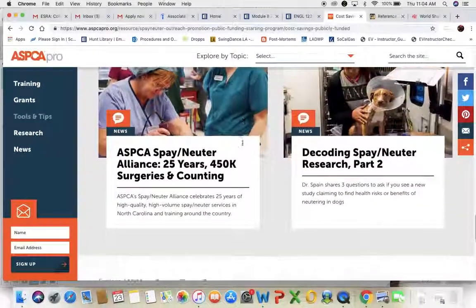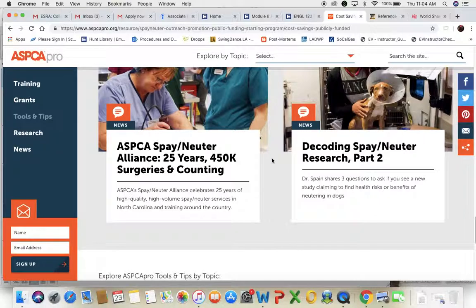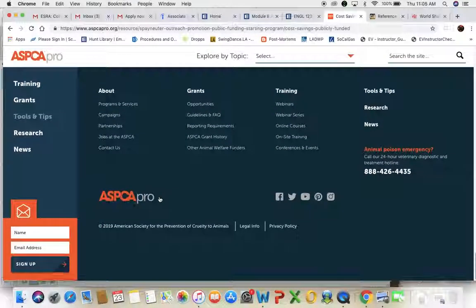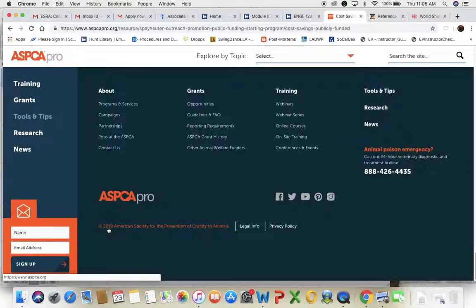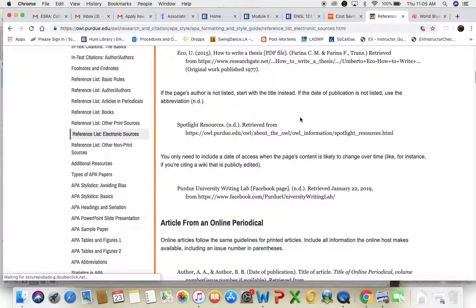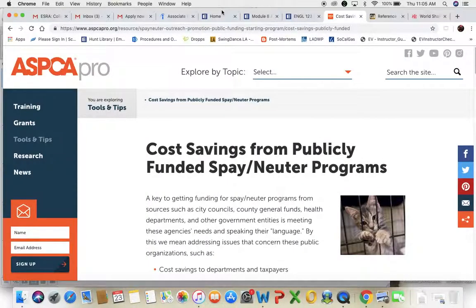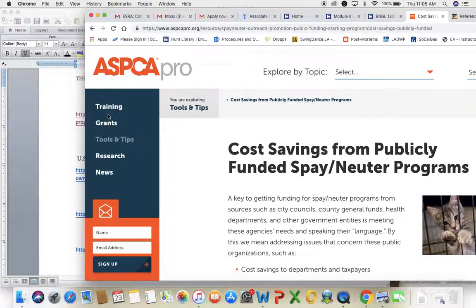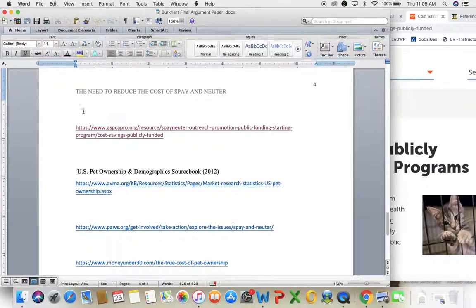So when information online on a web page doesn't have a specific date attached to it, you use the copyright date on the bottom of the website, which here is 2019. If there's no author, you start with the title, so we're going to first start with the title, which is cost savings from publicly funded spay-neuter programs.